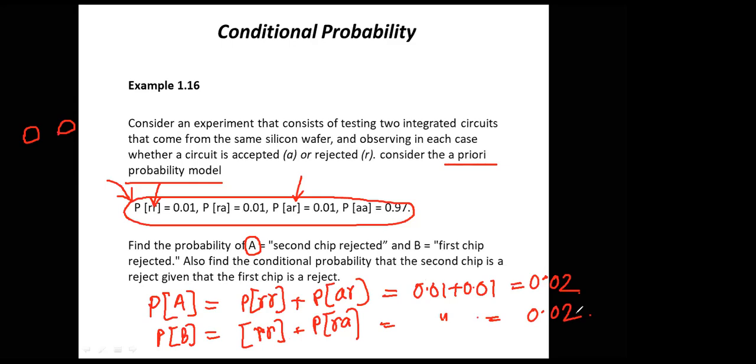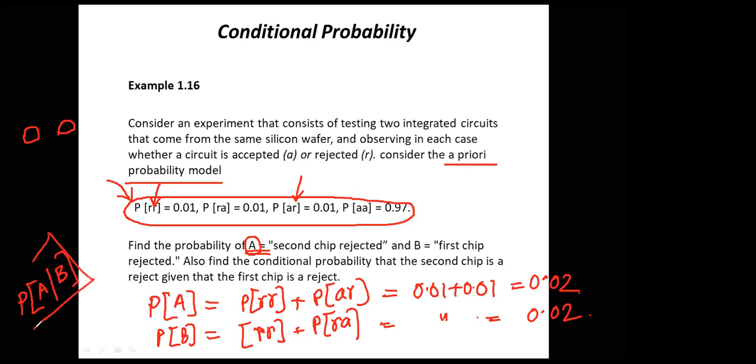Now the last one asks us to find the conditional probability that the second chip is rejected given that the first chip is rejected. What does it mean? Probability of A given B, not A divided by B. A condition B. The second chip's probability is A. So what is the probability of A given that the first chip is rejected?